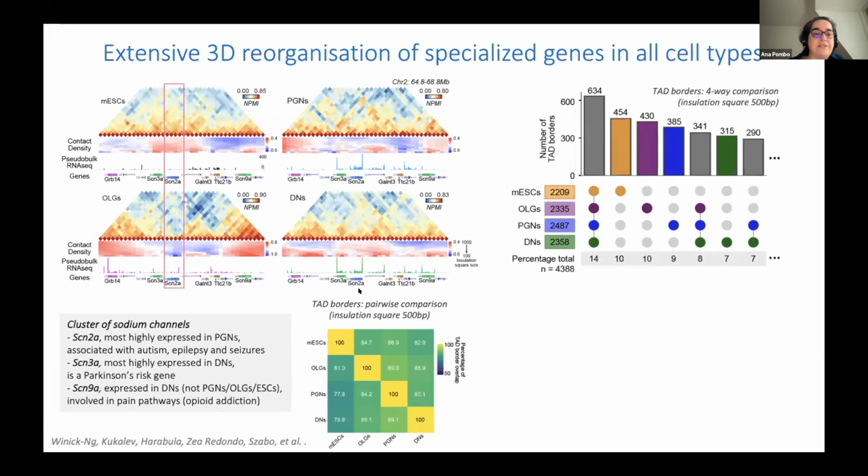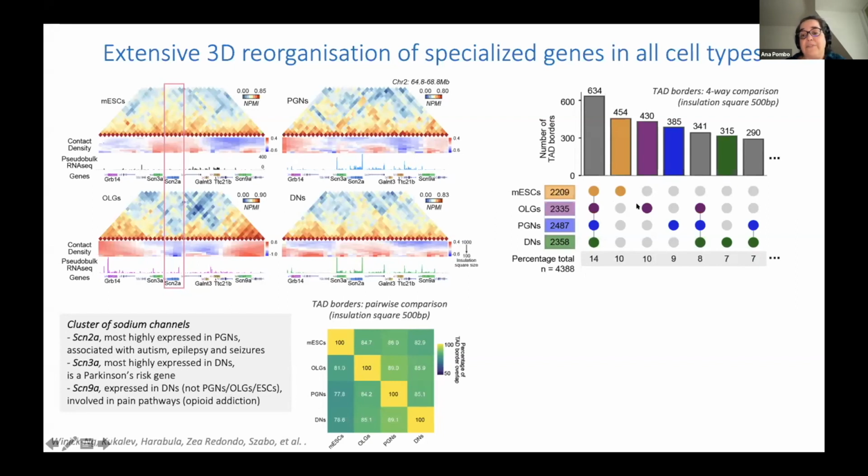take all the borders that were found in any of these data sets and do a multi-way comparison, which is shown here as an upset plot. Interestingly, and perhaps to our surprise, we found that actually only 14% of the borders are common to all these 4 cell types.